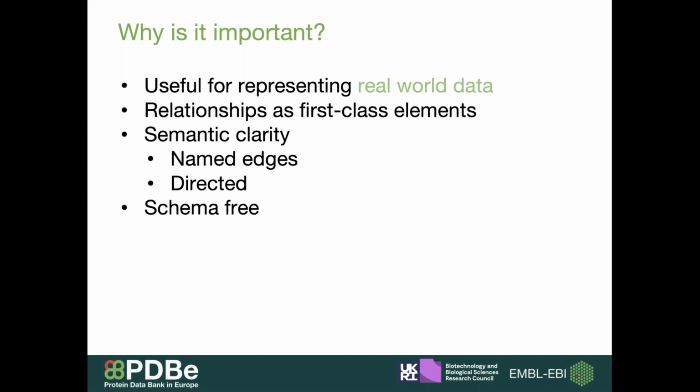Another benefit is its semantic clarity, as it stores each and every detail of the data in nodes and relationships, which helps to discover and model any kind of relationship that you have as a graph. Another benefit is the no-schema feature, which helps to easily add new kinds of data.